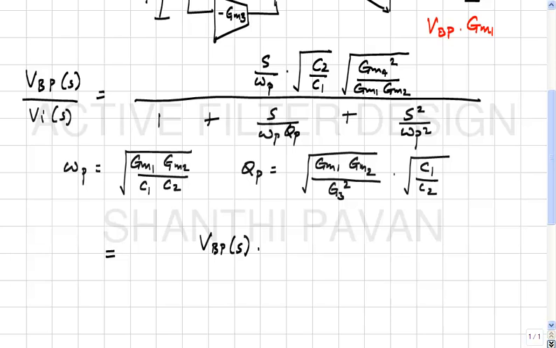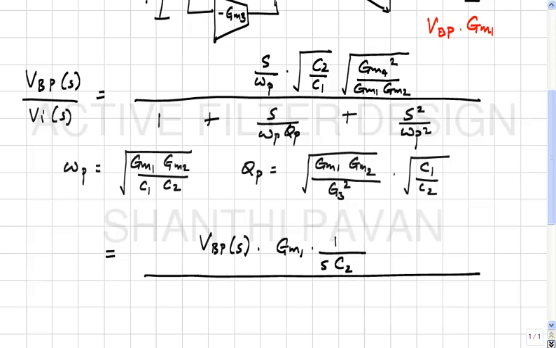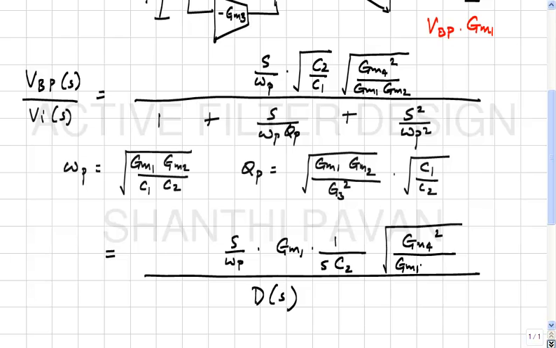times GM1 times 1 by SC2. All right. So VBP of S is D of S in the denominator, and in the numerator we had S by omega P times square root of Gm4 square by Gm1 Gm2, so the S and the S go away.